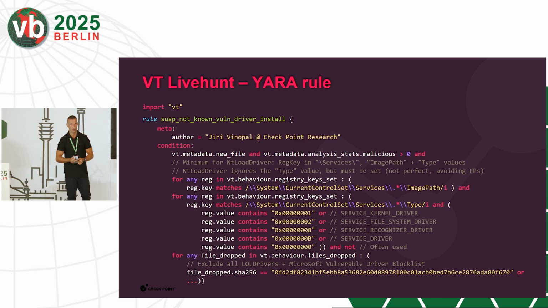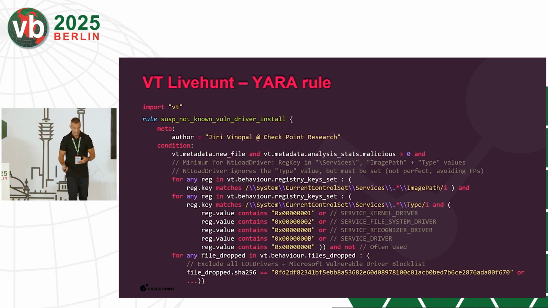They need to have behavioral-based context in VirusTotal, and during the execution in the sandbox, they need to set certain registry keys in services, where the key must set image path and type. And we are detecting, of course, the types that are related to driver installation, like service kernel driver, the common one.